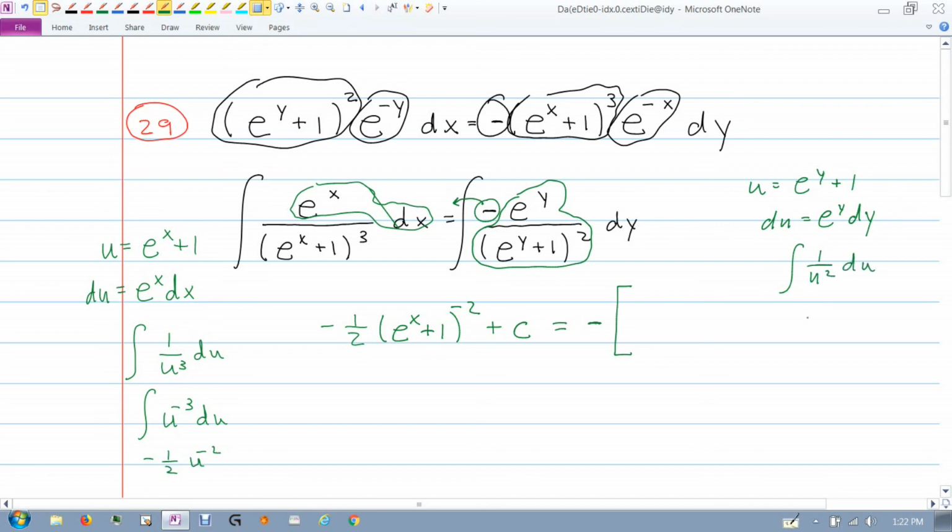And the antiderivative, that's u to the negative 2, integrating that, get negative u to the negative 1. So when that negative comes out, I go negative, and then u, which is e to the y plus 1, and then to the negative 1. So that is just positive e to the y plus 1 to the negative 1 equals this here.